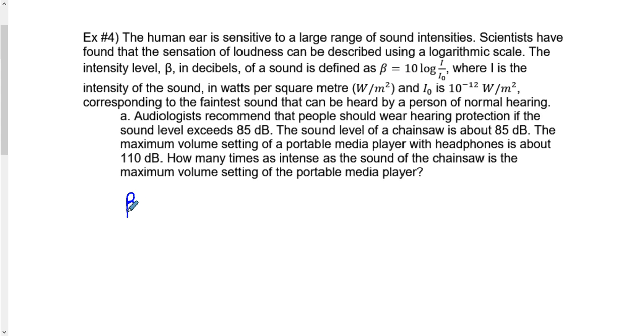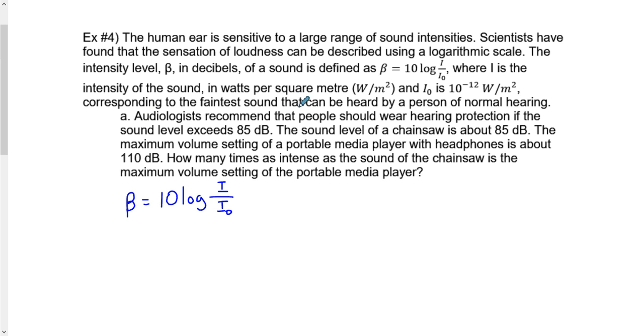So beta is 10 log of I over I0. I is the intensity of the sound in watts per square meter, and I0 is 10 to the power of -12 watts per meter squared, corresponding to the very faintest sound that can be heard by a person of normal hearing.